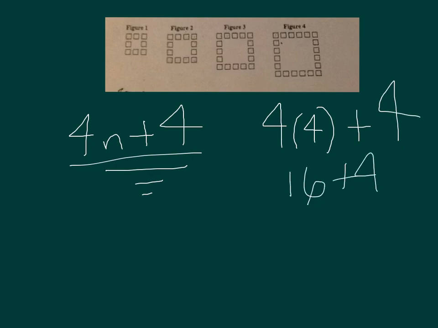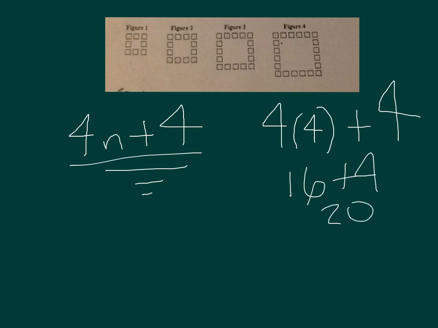Let's check it with a couple of these. So, in figure 4, for example, you have 1, 2, 3, 4 in the middle. So we would do 4 times 4 plus 4. 4 times 4 is 16, plus 4 gives us 20.